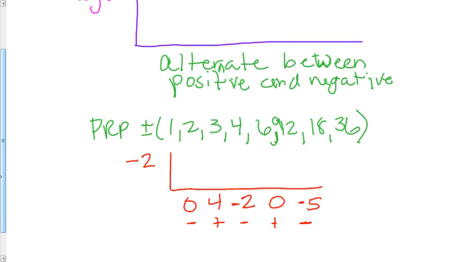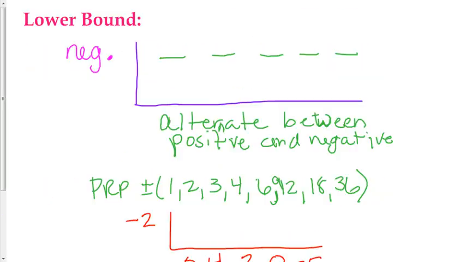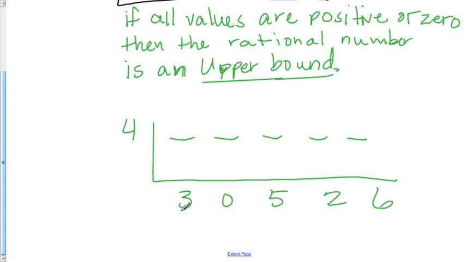These two things, the upper bound and the lower bound, are just things to help you with finding all of the possible rational roots. So as you're going through this, if you put a 4 out here and you get this, and then you go and try a 6 afterwards, then you're not very smart because you don't understand the upper bound principle.